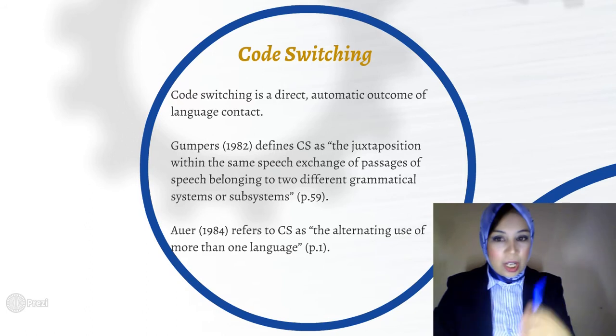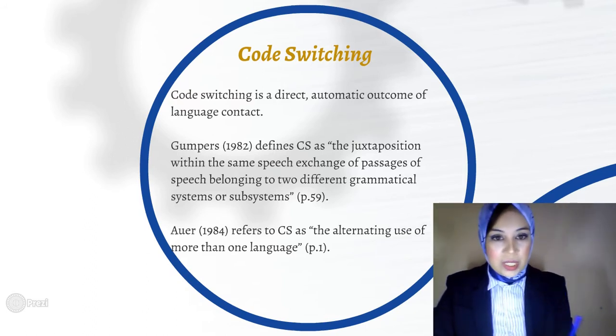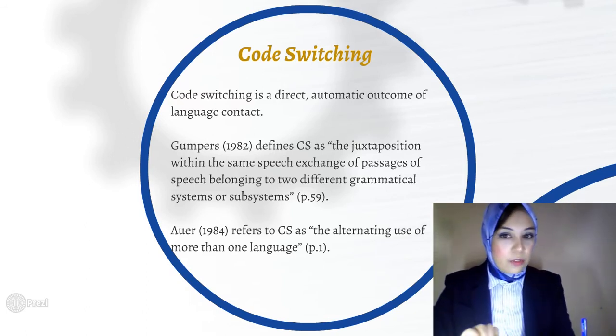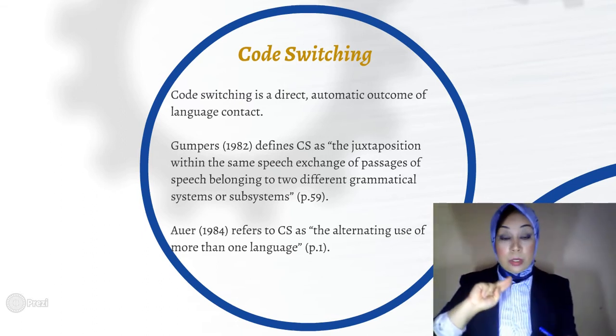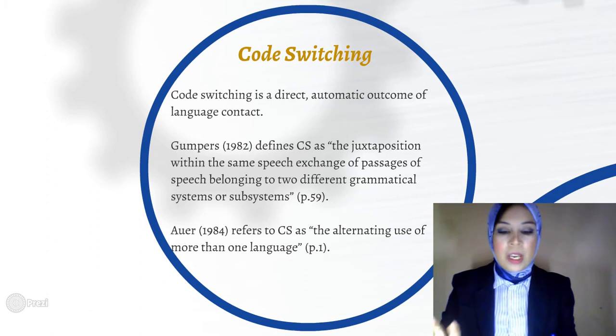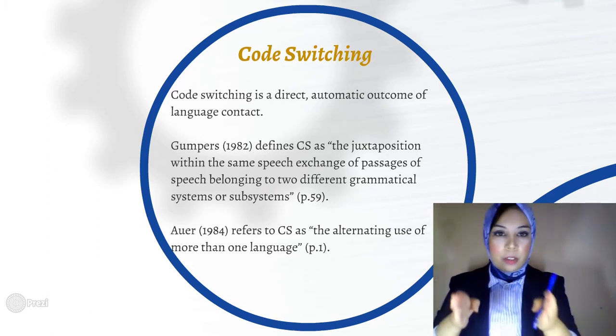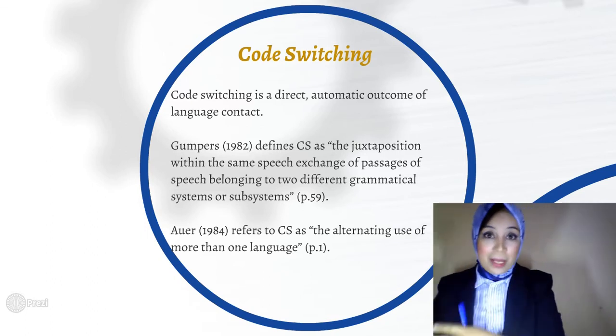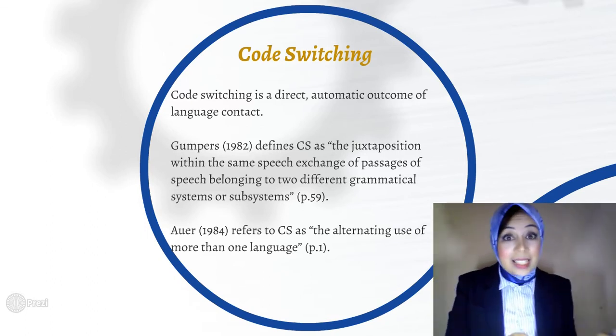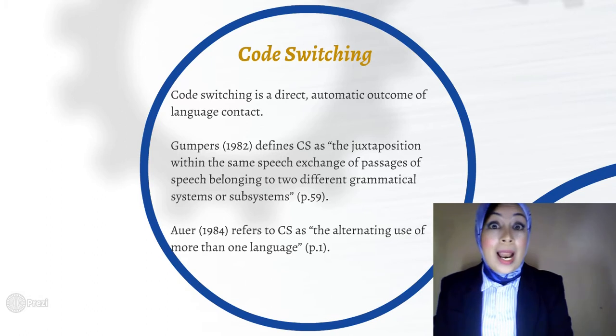So, it is the juxtaposition within the same speech, an exchange of passages of speech belonging to two different grammatical systems or subsystems. And when we refer to a grammatical system, we directly refer to the language. Any language has a grammatical system, and any dialect is also a subsystem of the whole language.